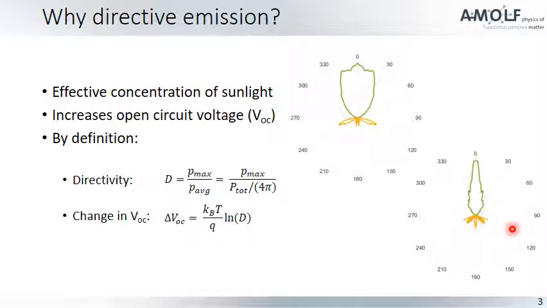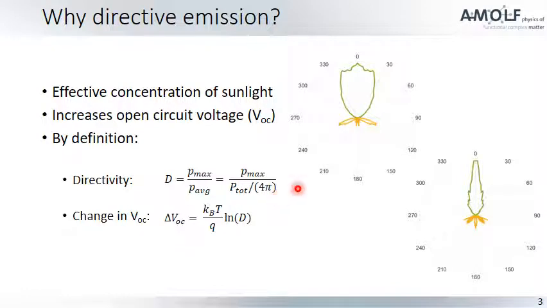The definition of directivity is given here. It is the maximum intensity in some angle divided by the average intensity in all angles. So you calculate that by looking at the maximum intensity divided by the average in all directions by integrating over all angles, and in 3D that gives the full 4π solid angle, so you divide the total integrated emission by the 4π solid angle.